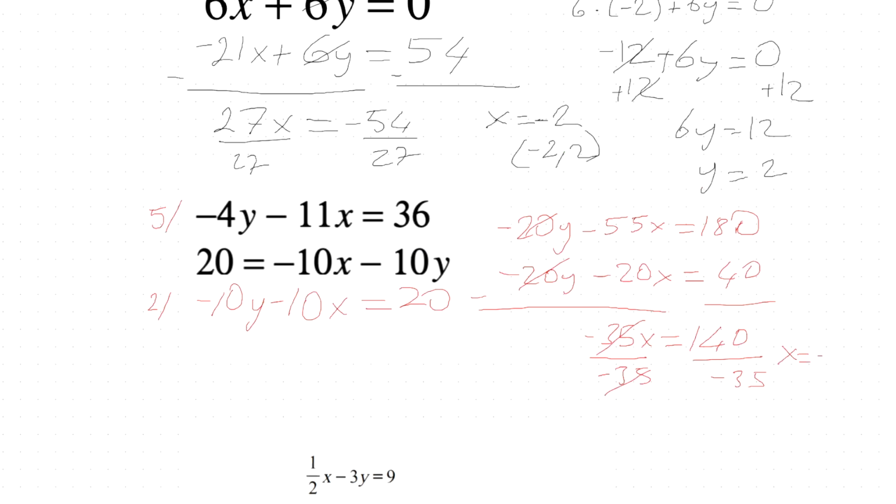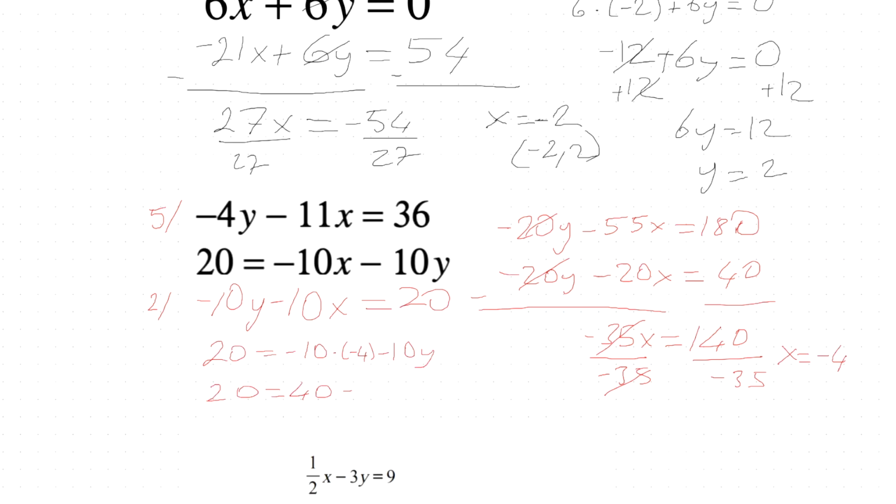If the value of x is negative 4, let's substitute into one of the equations. Let's use the second equation. 20 is equal to negative 10 times negative 4 minus 10y. So negative 10 times negative 4 is positive 40. 20 is equal to 40 minus 10y.